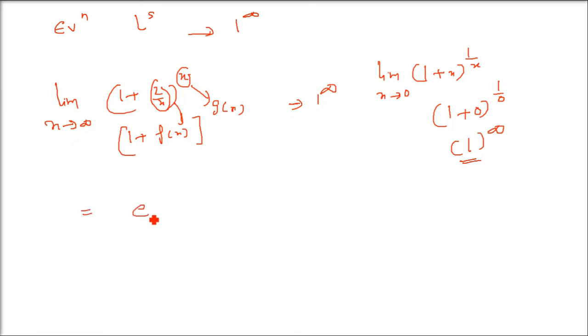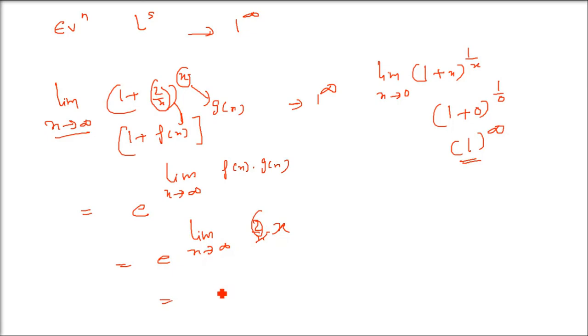You just have to take e, and take the same limit, x tends to infinity, and multiply f(x) and g(x). So e to the power limit x tends to infinity of 2 by x times x. Multiply them, and what do you get? 2 is a constant, so it will be e square. I hope you got the idea. This is how we are going to solve 1 to the power infinity.